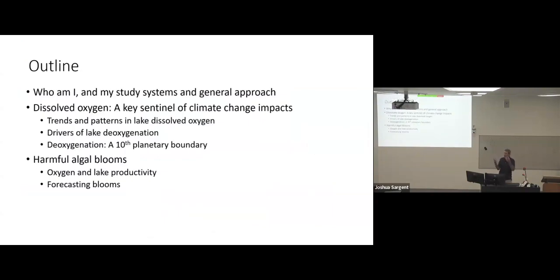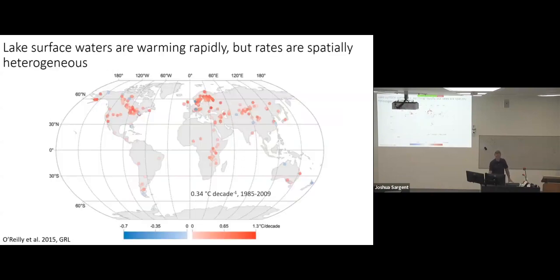Now I'm going to get into, okay, show me the data, show me some patterns, show me what you've actually discovered so far. So a little bit of context for research. This is a paper by Catherine O'Reilly published in 2015, Geophysical Research Letters, using in situ data and remotely sensed data to look at summer surface water temperatures. They showed on average a median temperature increase of about 0.34 degrees per decade.